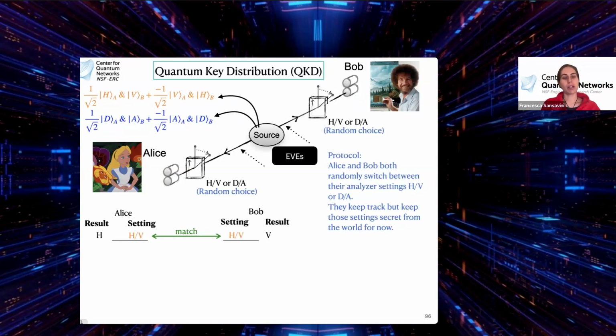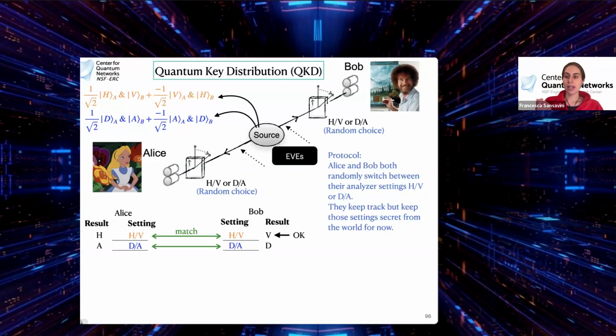So Alice will have H as a result, let's say, and Bob will have V, which makes sense because if we look at the orange state here, we see that if Alice gets H, Bob needs to get V, and vice versa. When Bob has V, Alice needs to have H. So this does make sense, and we will use it later.